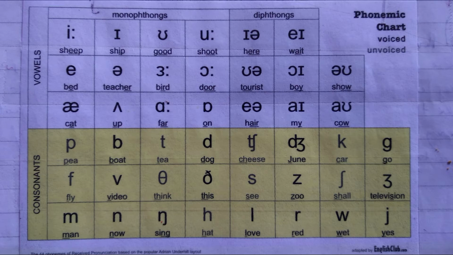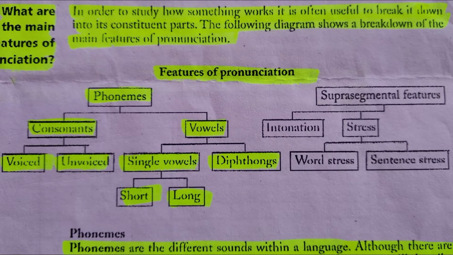In another example, let's go to the first consonant sound, the sound P, which is not the letter P, it is a sound P, related to the word pea. So if you can relate each sound to a word, then it's going to be much easier for you to learn them all.